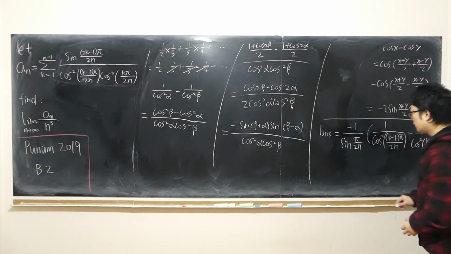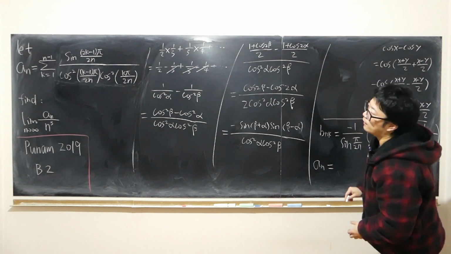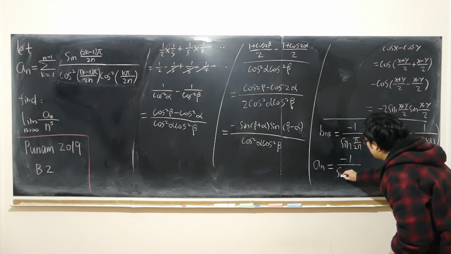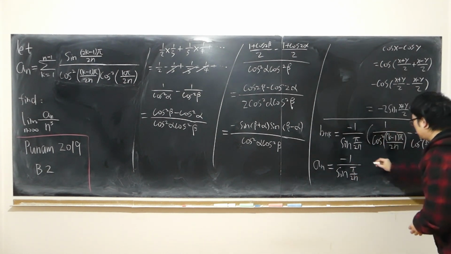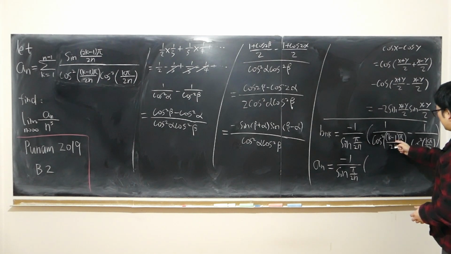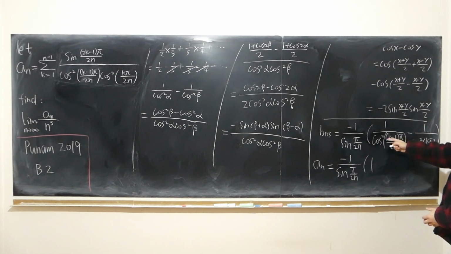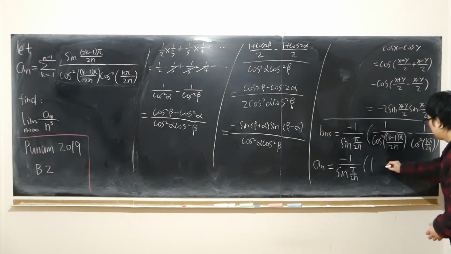We get the finite sum equal to, copy this one down. First term, k equals 1, 0, cosine 0 is 1. Last term, n minus 1.